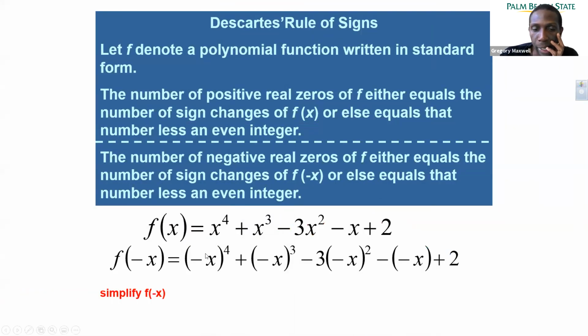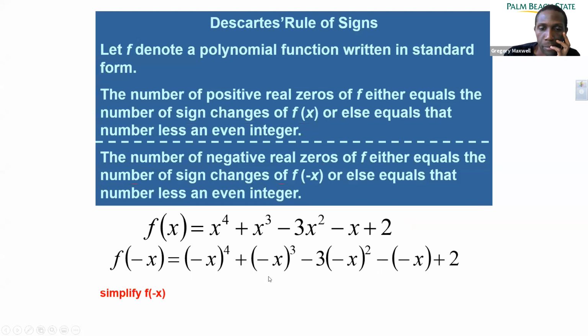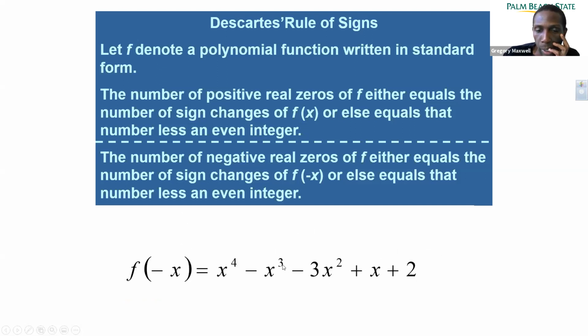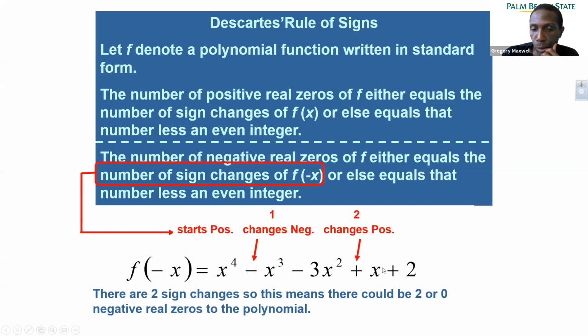But when we do f of negative x, let me just back up here. We do f of negative x by replacing all the x's with negative x and simplifying. And then we have 2 sign changes again. So we either have 2 negative real roots or 0 negative real roots.